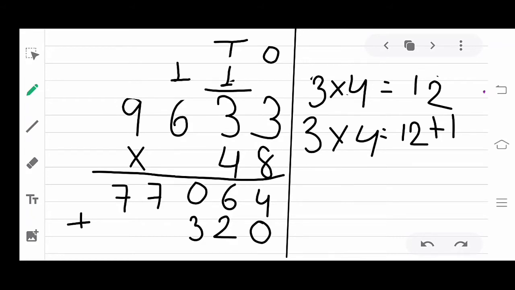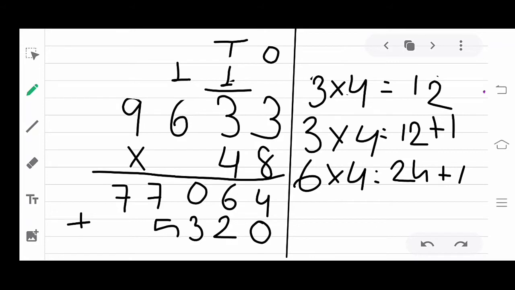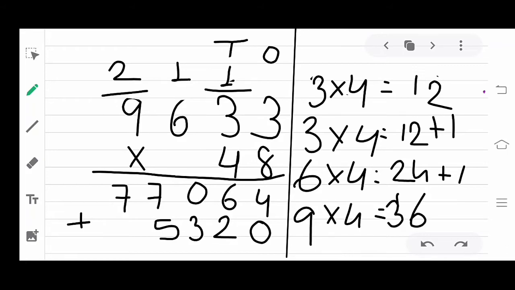Next, 6 into 4, 24 plus 1, 25. So I'm going to write it down here. Next, 9 into 4 is equal to 36. 36 plus 2, yes, 38.